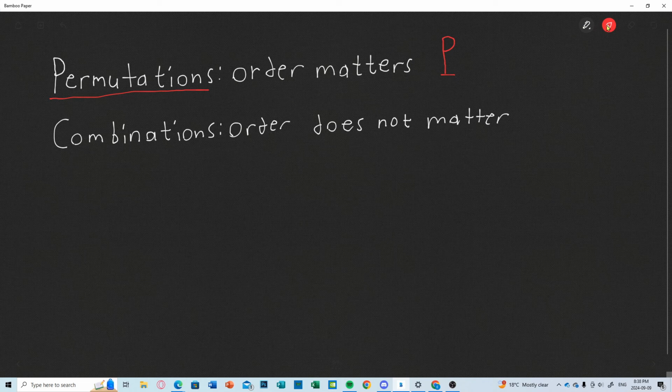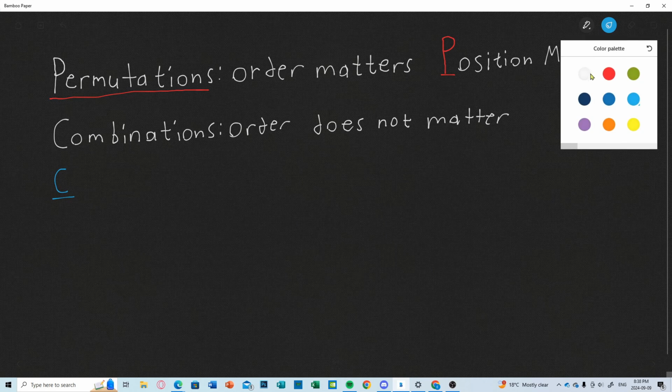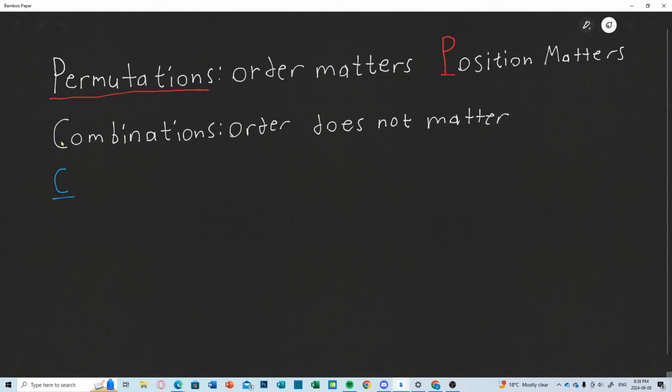We're going to have P, and so a word that starts with P that works with what we're doing is position, because the position of what we're working with matters. But for combinations, we're going to have our C, and with our C, we have the choice that matters. Not the order.